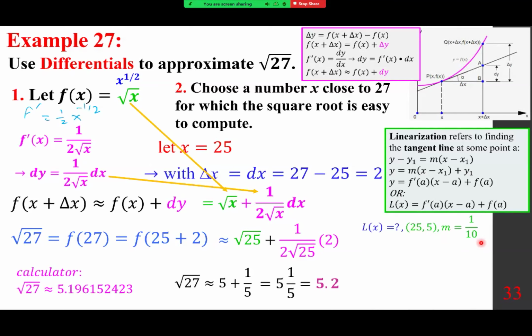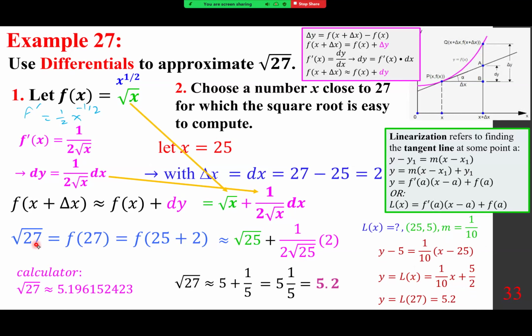So y minus y1, that means y minus 5 equals m, 1 over 10, times x minus x1, that means 25. You do the process and you get to this one. If you replace the x with 27 because you want L of 27, you will get the same answer. And you're more than welcome to check it out.